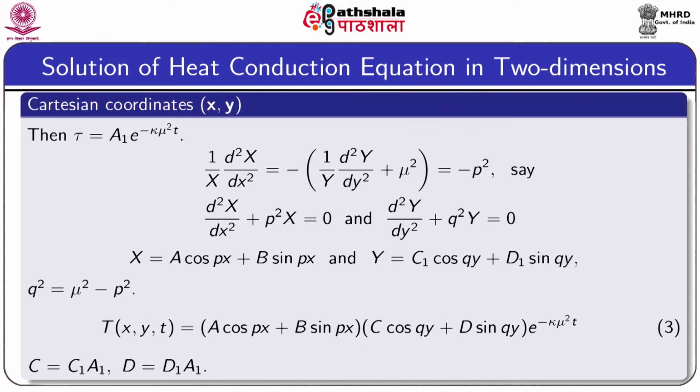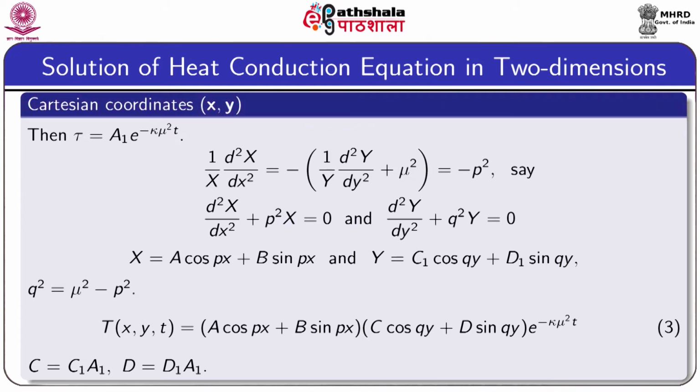So equating minus p square to the function of x, 1 by X d2X dx square, we get the equation d2X dx square plus p square X equals 0 and d2Y dy square plus q square Y equals 0, where q square can be written in terms of mu square and p square as q square equals mu square minus p square.